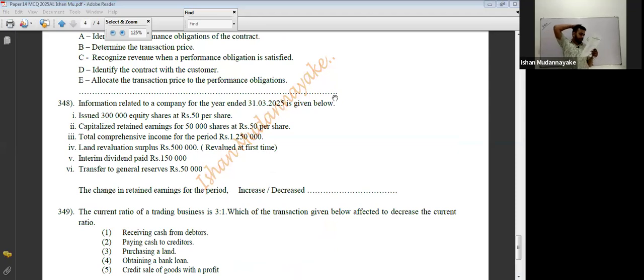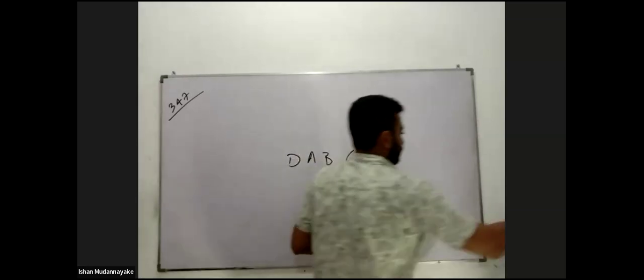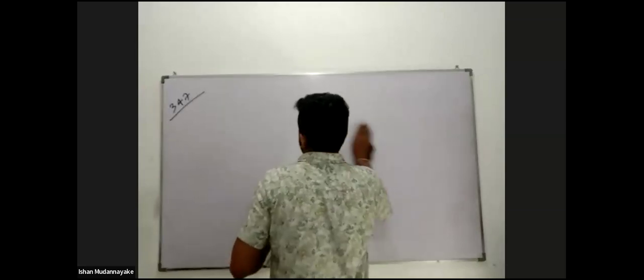Information related to a company for the year ended 31st March 25 is given below. The change in retained earnings for the period, increase or decrease? Question number 348.